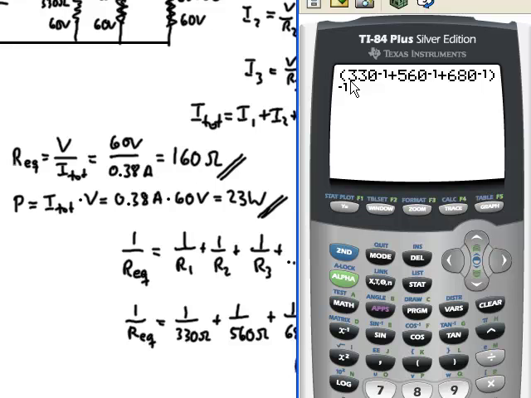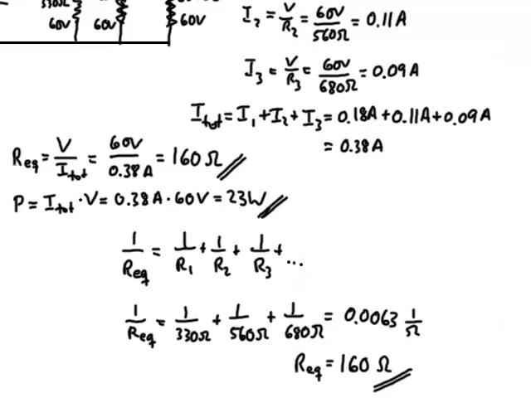So in parentheses, I invert each one of the numbers as I add them, and then after I close the parentheses, I invert it again, which then will give me this equivalent resistance, and when I hit the enter button, indeed I come up with the 159.